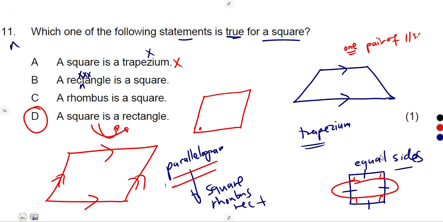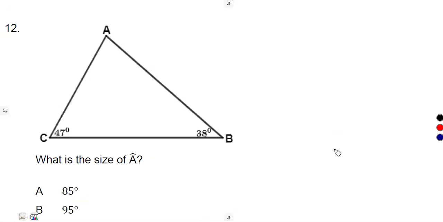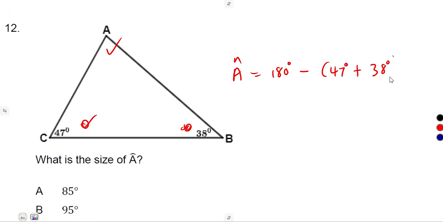On question number 12, all right, so let's consider another part, which is question number 12. We are given, what is the size of angle A? All right, guys, this is a triangle. Angles in a triangle add up to 180 degrees. So subtract these two angles that we are given, the 47 degrees and the 38 degrees, from what?